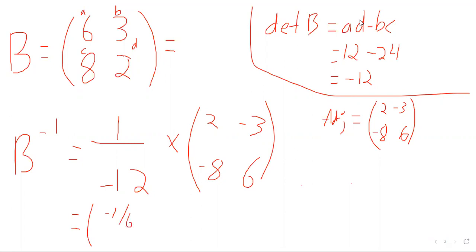Negative 1/12 by 3 will be 1/4. Negative 1/12 by 8 will be 2/3. And then negative 1/12 by 6 will be negative a half. And that will be the inverse. Alright, and with that said, that's the end of finding the inverse of a 2 by 2 matrix.